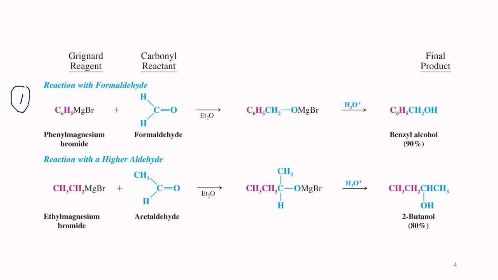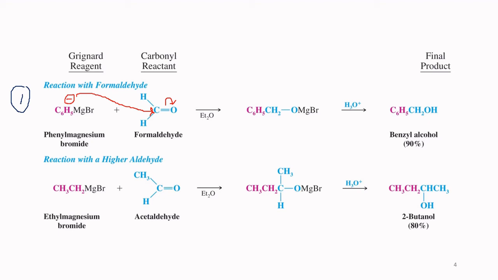So how does this reaction work? This is the R minus, the R carbanion. This R carbanion will attack this carbon because this carbon is partially positive, and then the electron here will shift to the oxygen, and what we will get is C6H5 from the Grignard reagent and CH2O from the formaldehyde.